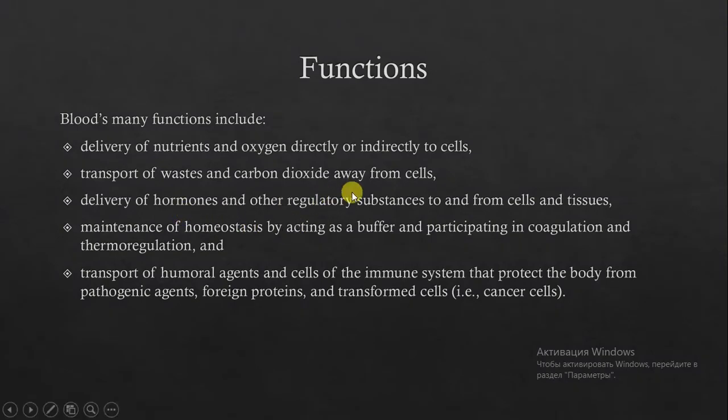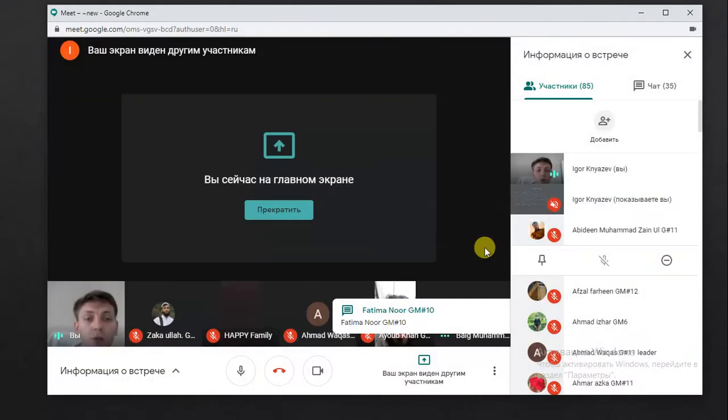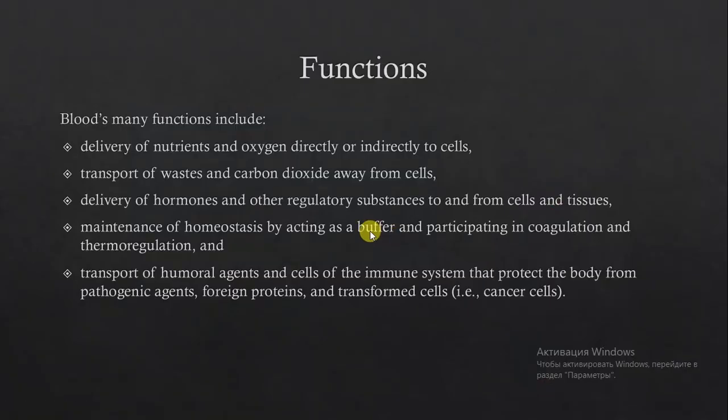Don't forget that blood is a tissue which penetrates almost every part of the human body. There are only a few tissues in the body which are not in direct contact with the blood.